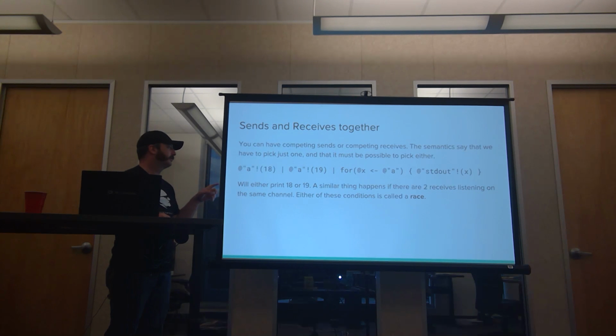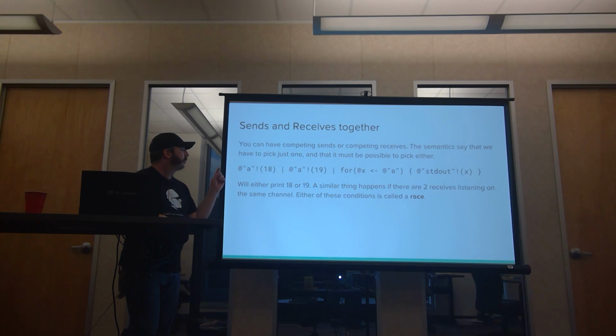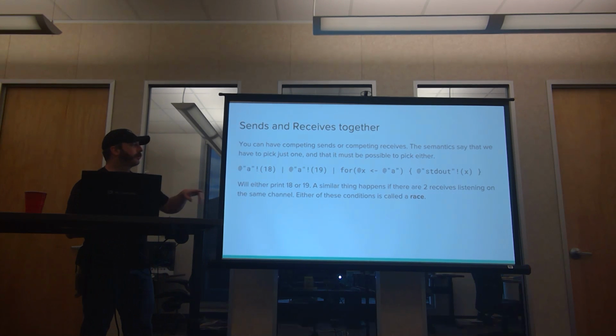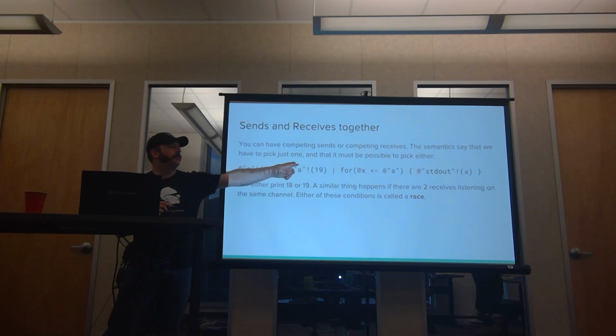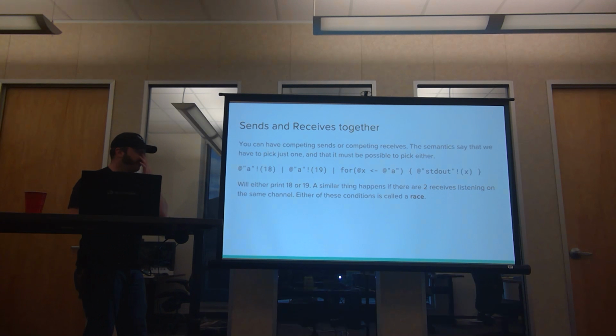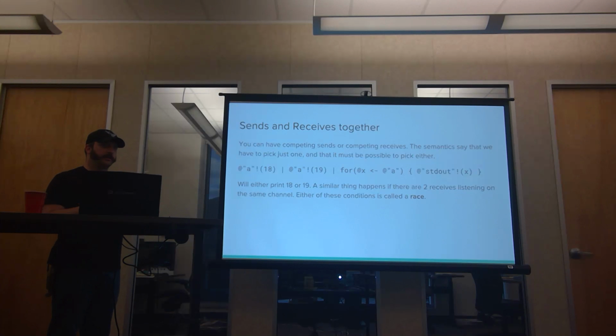It shouldn't, but it does. And a similar, we call this a race. A similar thing would happen if there were one send and two receives. Or you can get a K by L race where you have K writes and L reads.